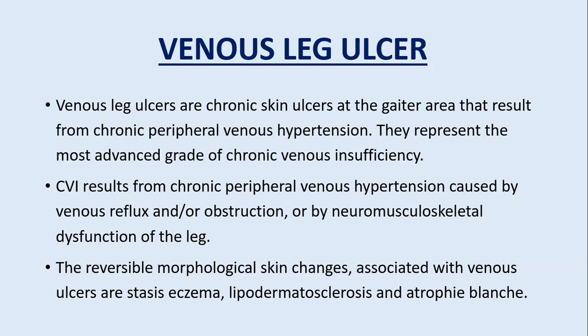So, if these changes are present in the leg, in addition to an ulcer, then it is almost sure that the ulcer is due to venous insufficiency. As you treat the venous ulcers and improve the venous circulation, the other associated skin changes also improve.